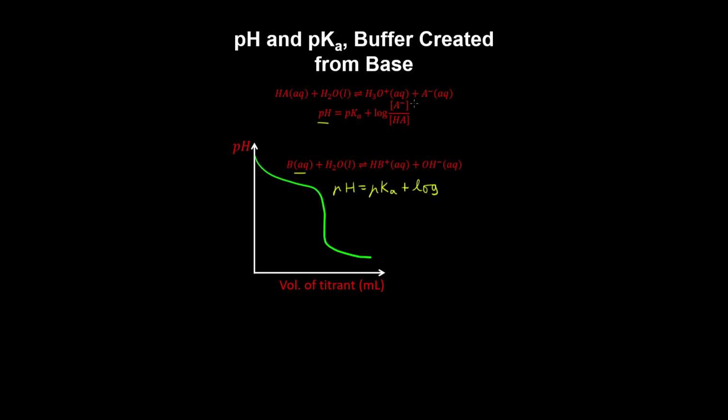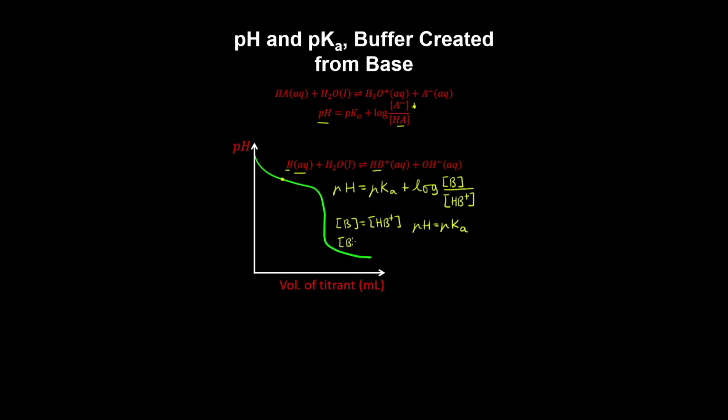So what we do is replace the concentration of the conjugate base with the concentration of the base, and the concentration of the acid in the acid-base buffer with the conjugate acid. And now for the case where the concentration of the base is equal to that of the conjugate acid, we have the equivalence point where the pH is equal to pKa.